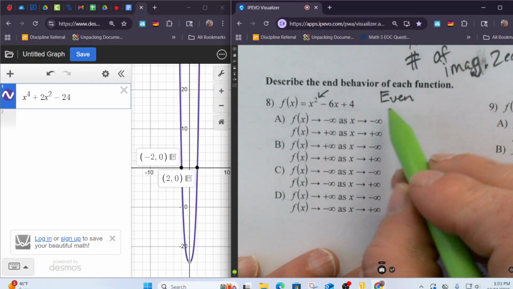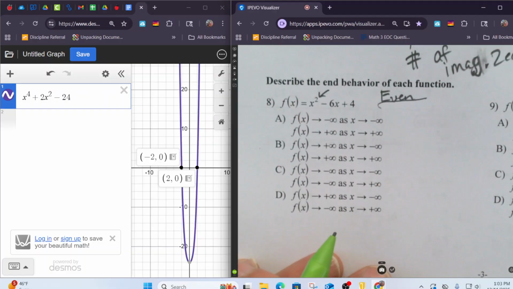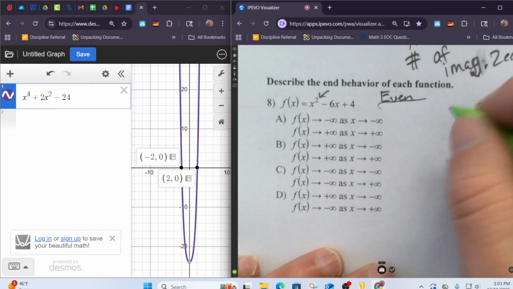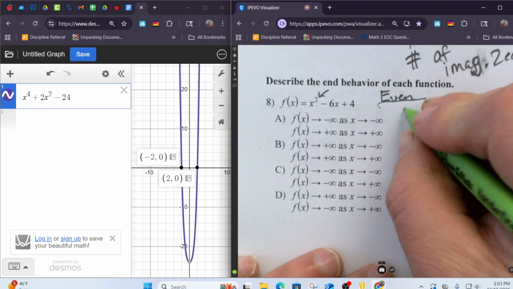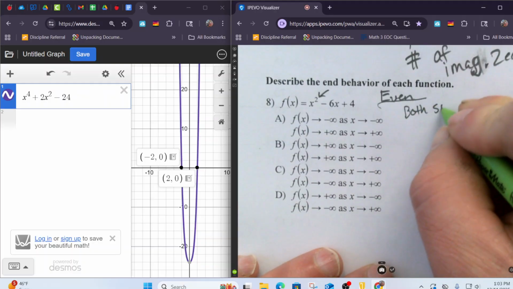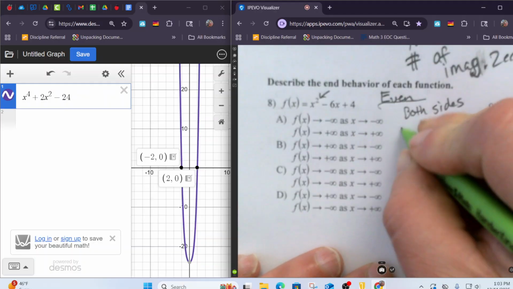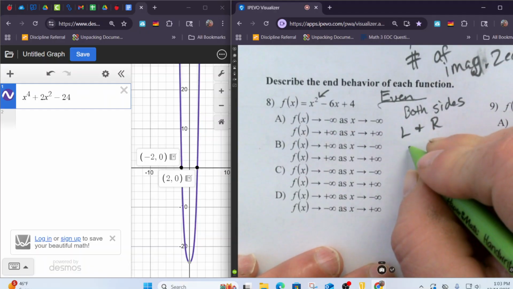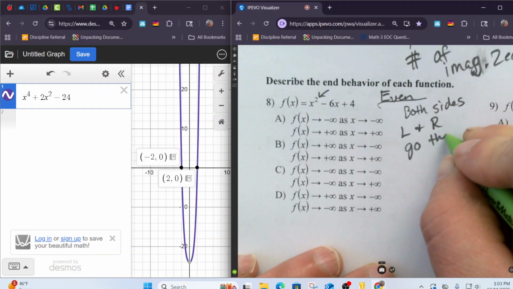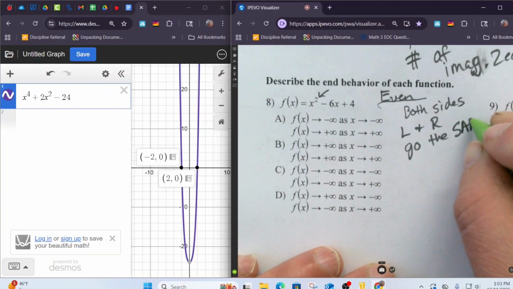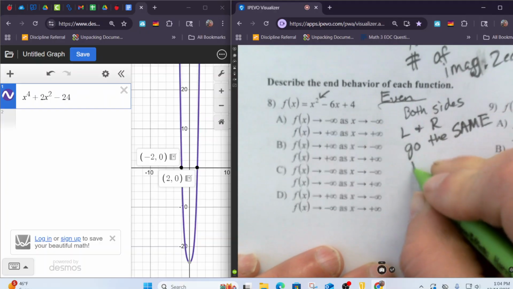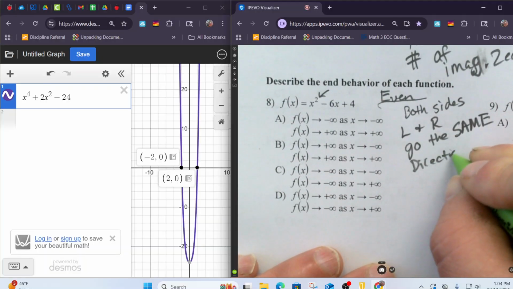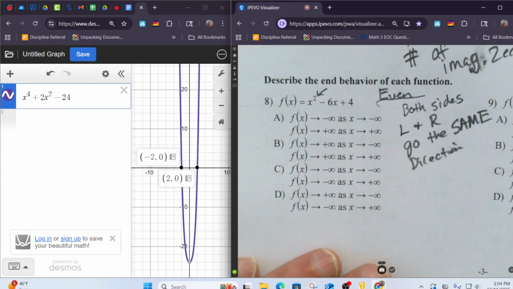But now, if you've got an even degree, does anybody remember what happens to the end? What's the end behavior if you've got an even degree polynomial? Both sides, left and right, go the same direction.